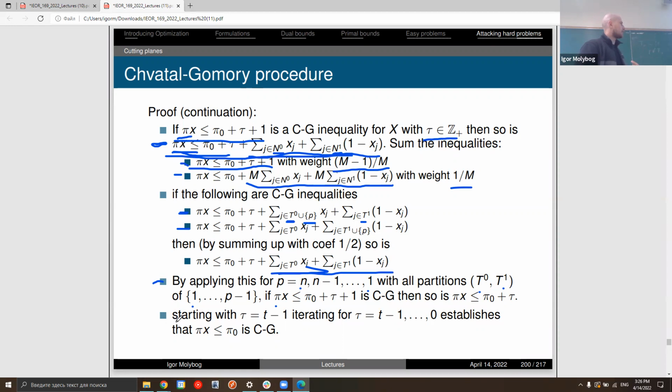And then starting with tau being equal to t minus 1, iterating for tau from t minus 1 to 0, this establishes that pi x less than or equal to pi 0 is a CG inequality.